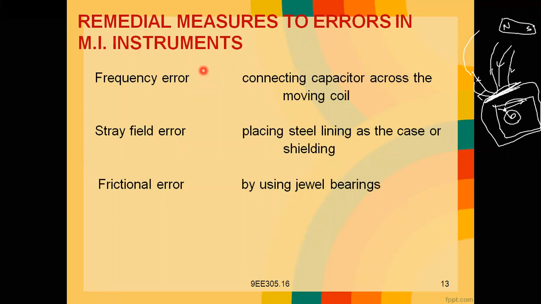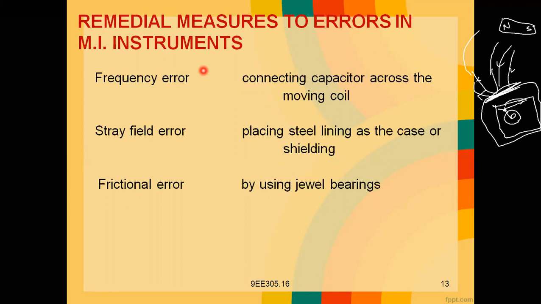Now, frictional error. Frictional error generally comes where we have the interface between a moving part and a stationary part. So the moving part is supported by a spindle.